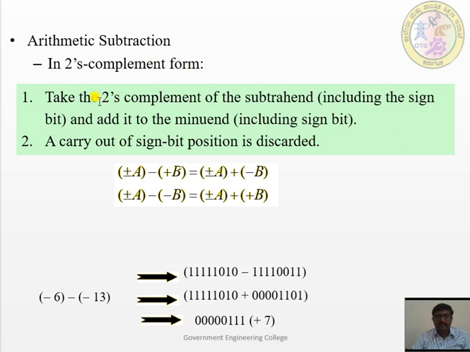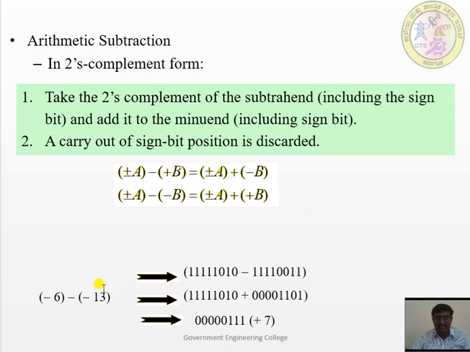Okay, see, it is the same thing, we already know that. If you want to convert plus or minus A or minus B, whatever it might be, the procedure is the same, that is minus into plus will be minus. So in this fashion the procedure is the same.